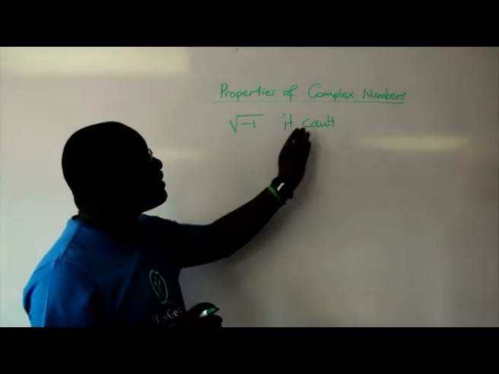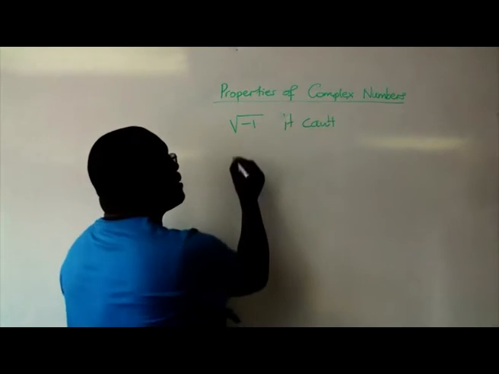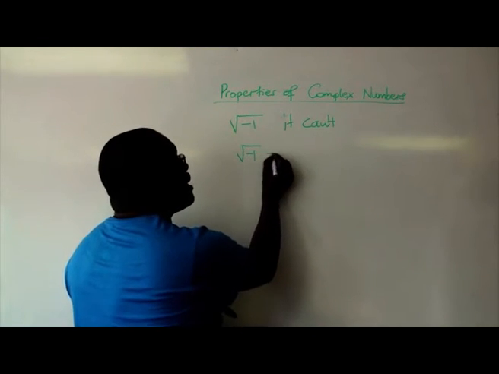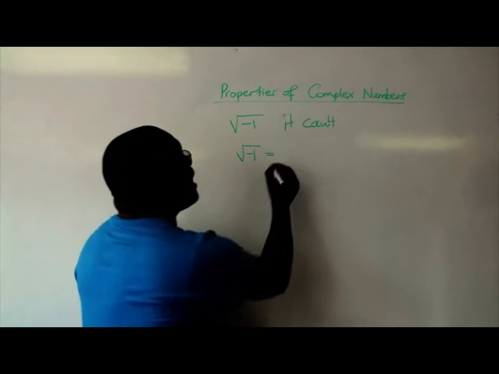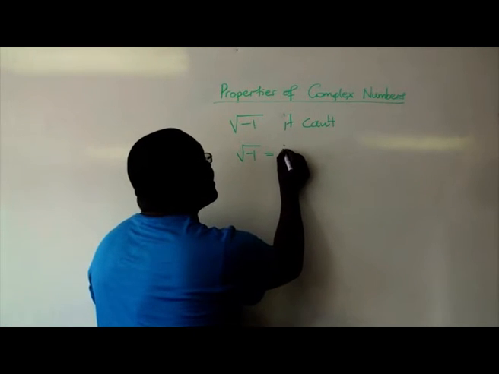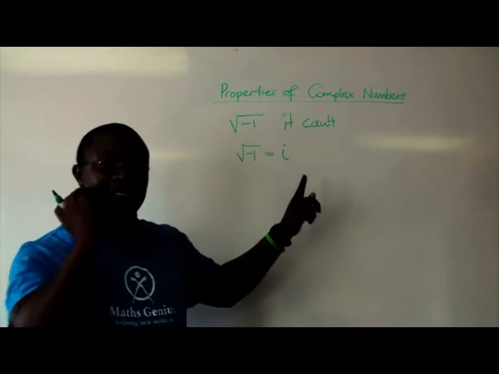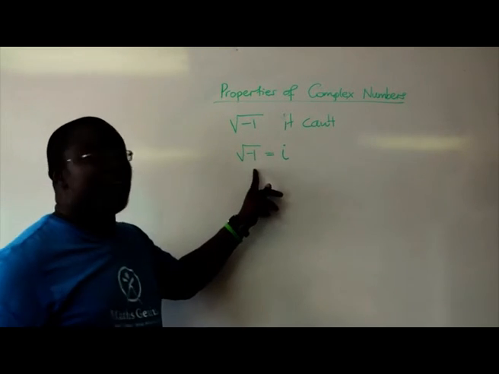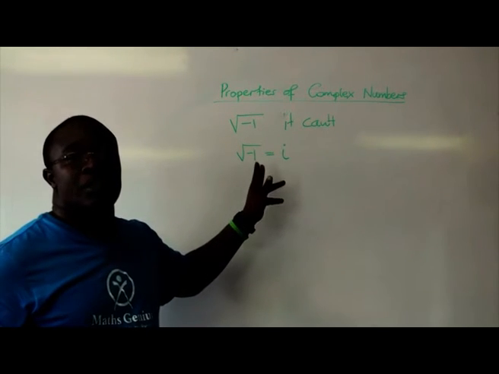So in complex analysis, you'll find that the square root of -1 is equal to i. Yes, the letter i represents the square root of -1.